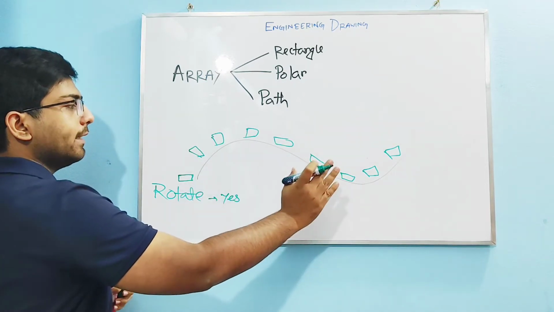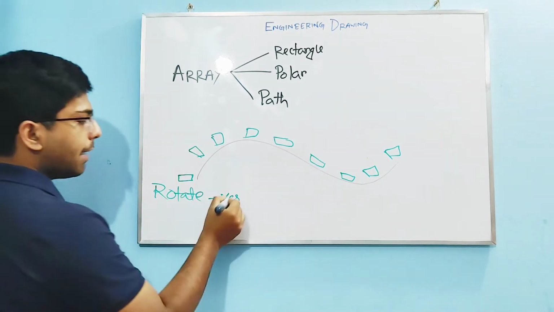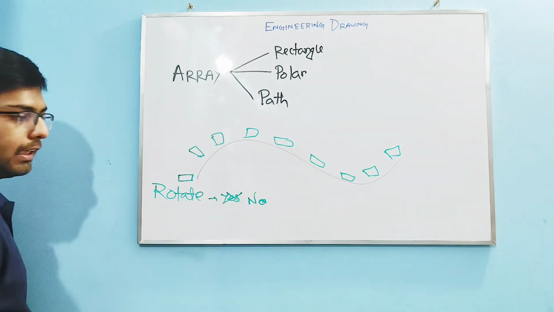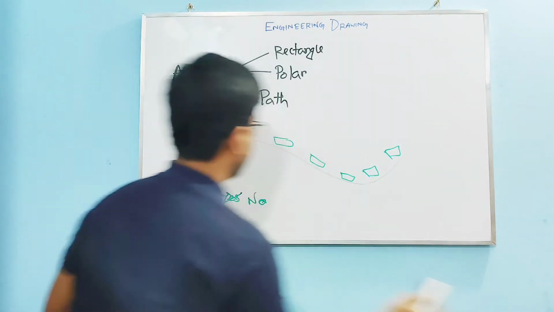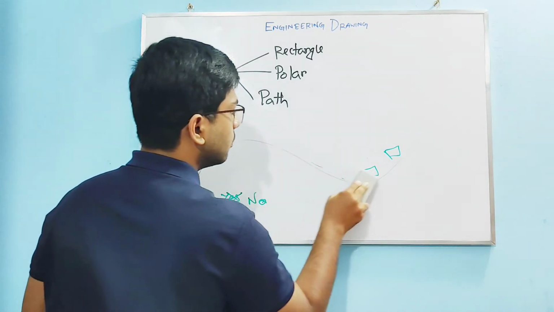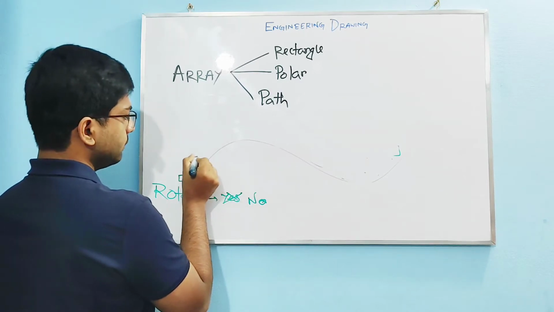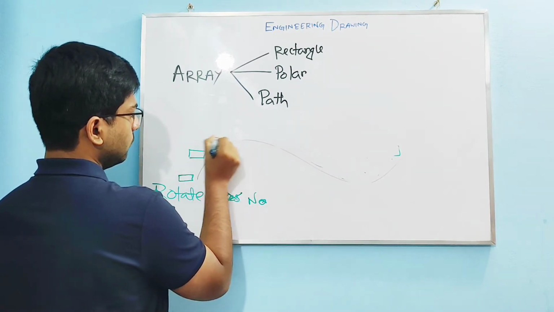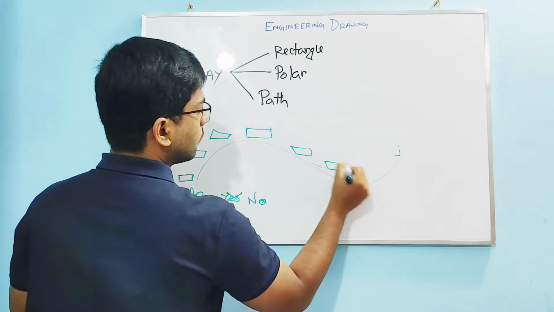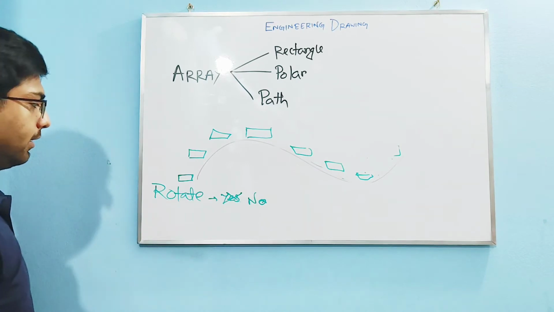Then the output will be like this. But if you turn off the rotate option, I mean if you select no in the rotate option, then the output will be like this. So these original objects will not be rotated.